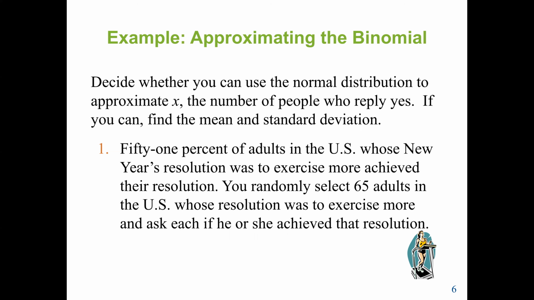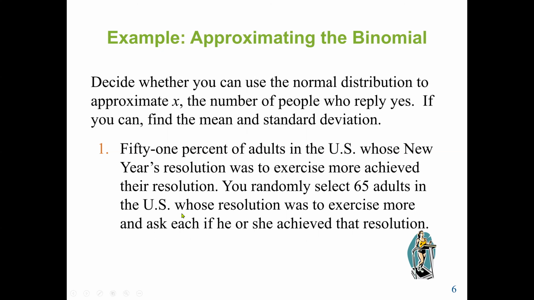In a normal distribution, the random variable is continuous and based on measurement, not counting. But as we saw in the rule, when np and nq are greater than or equal to 5, we can approximate it.